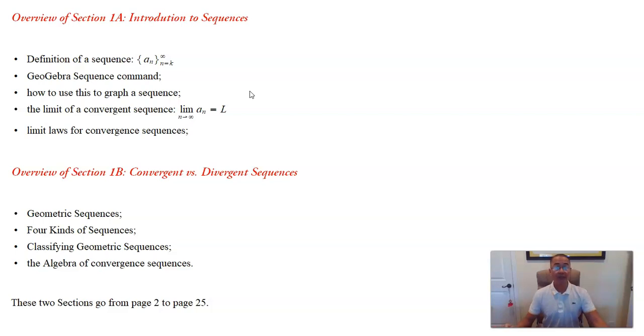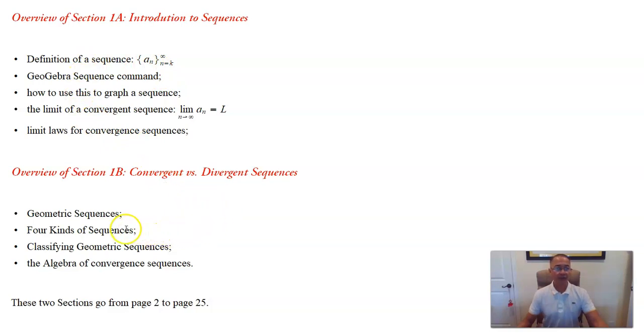We'll talk about the limit of a convergent sequence and how to use familiar limit laws that tell us how to find the limit of a convergent sequence. Then we'll go on to section 1B, where we will dig a little bit more. In 1A, we only talk about convergent sequences, but there are, of course, divergent sequences.